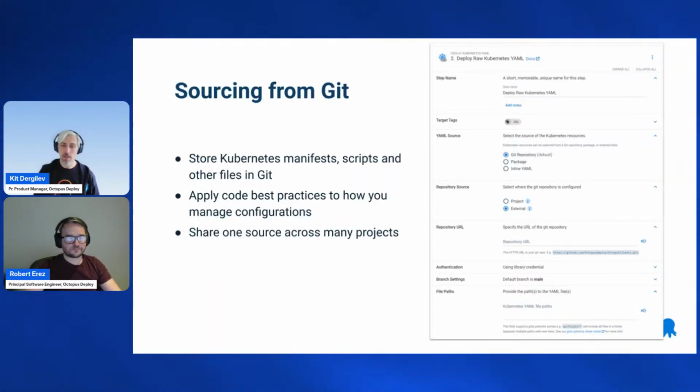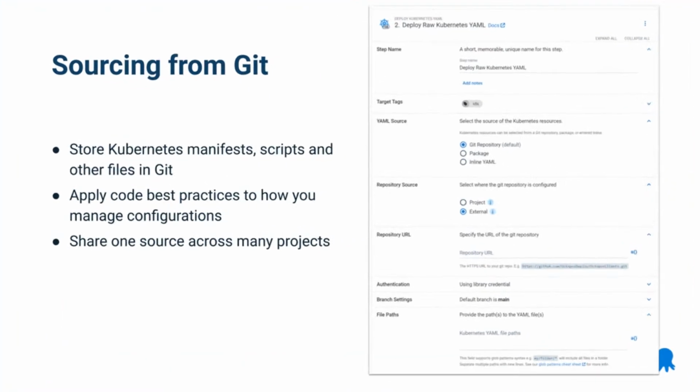So why are we even talking about this and what features are we actually talking about? The first one is sourcing files from Git. This is probably the first one we shipped more than a year ago, and that's something I hope you're familiar with. In a nutshell, since mid last year, you can source artifacts for your deployment from Git instead of sending them as a package.